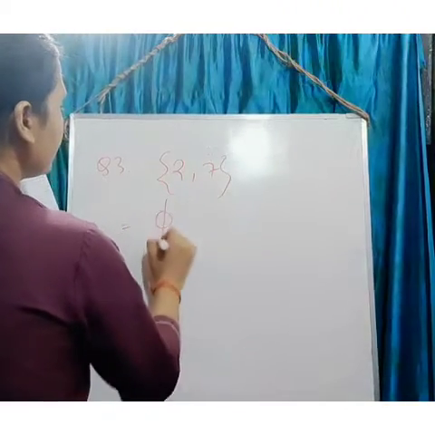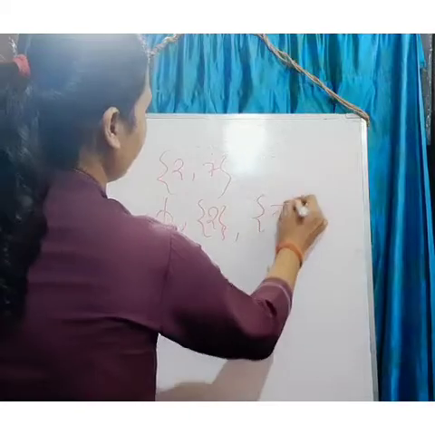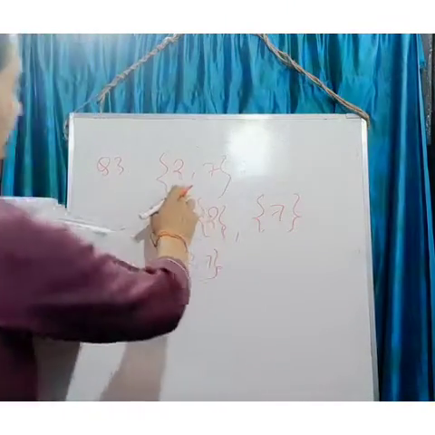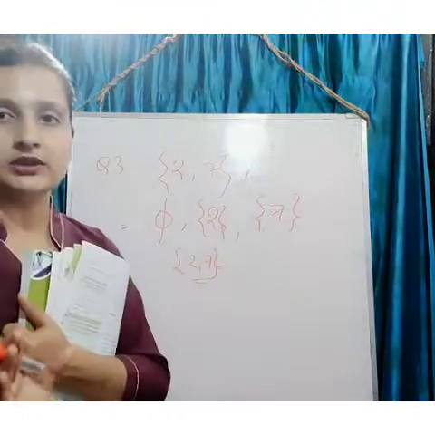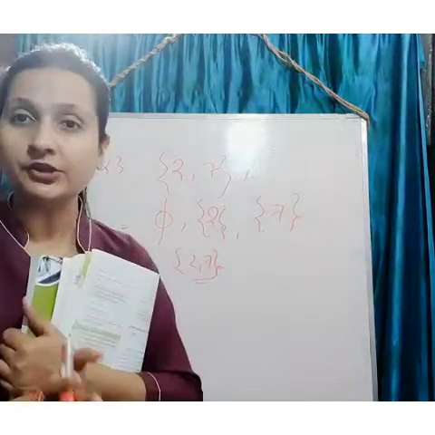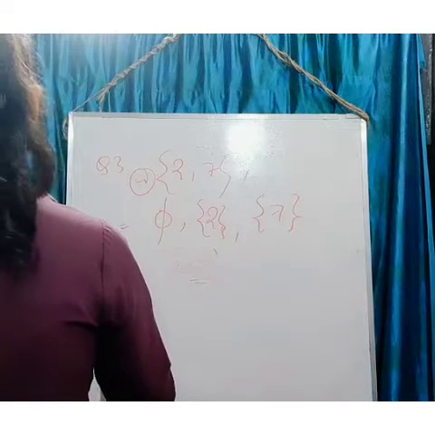The possible subsets are either null, 2, or 7. Here 2, 7 cannot be a proper subset of this, because in a proper subset, the two sets cannot be equal. They can be subsets of this, okay, but they shouldn't be equal. So, this is A. Let us try one more.